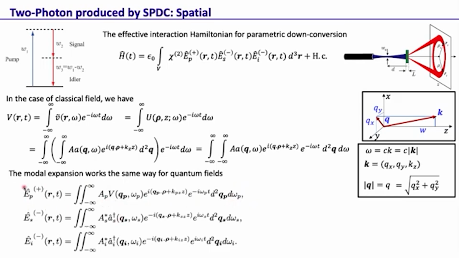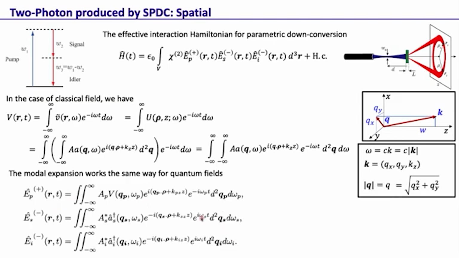Since the pump is a very intense field, we don't treat it as a quantum field; we just take it as a classical field with a classical field amplitude. But the signal and idler fields we will treat quantum mechanically, and there we replace the classical amplitude by the quantum electric field operators, as we discussed earlier. The only thing I wanted to point out here is that the modal expansion works exactly the same way for classical as well as quantum fields.